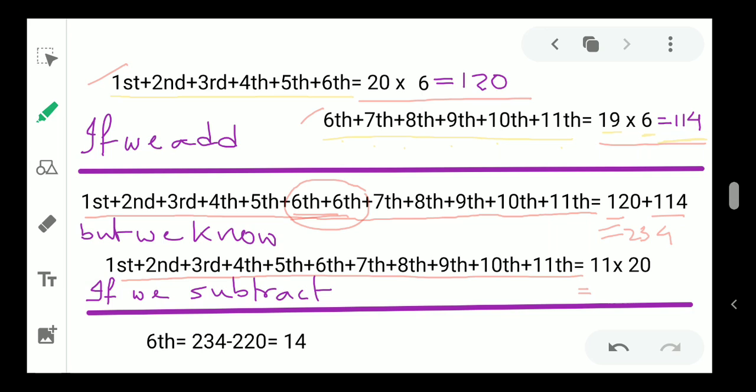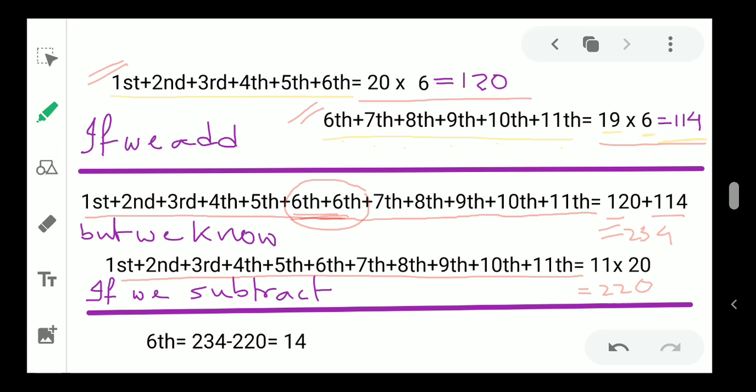This is also given in the question. So if we multiply, we will get 220, right? But by adding this and this, what I got is the addition of 12 numbers. Why 12? Because 6 is here 2 times, right?